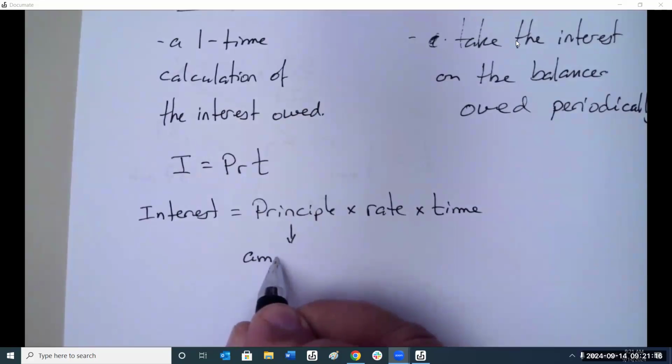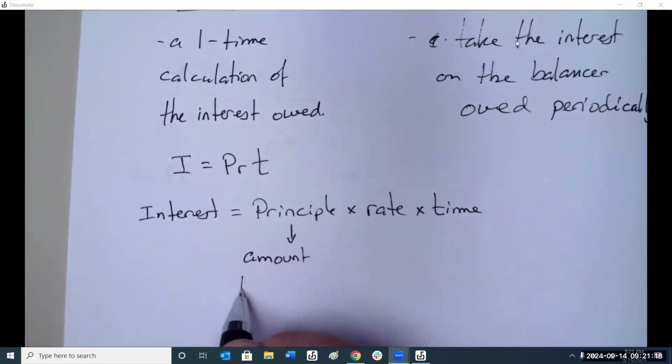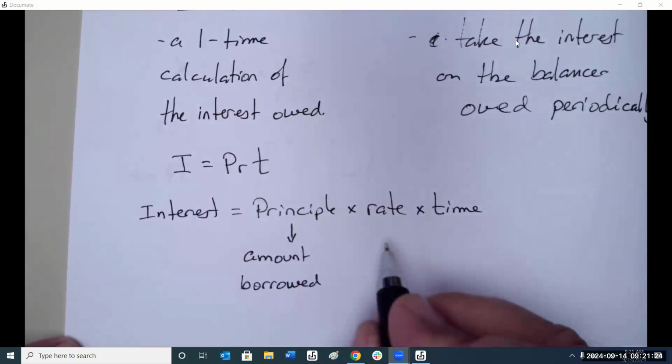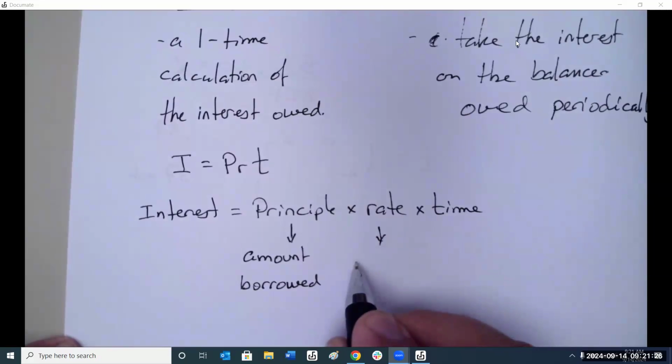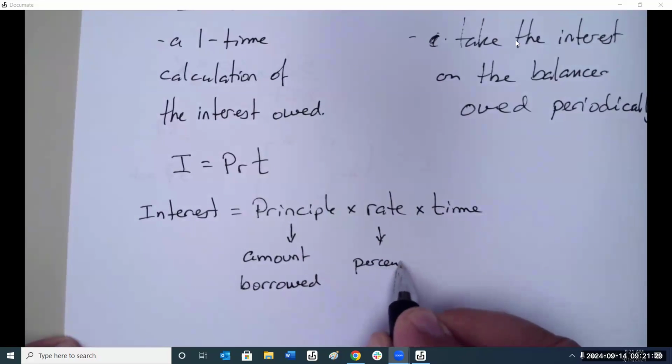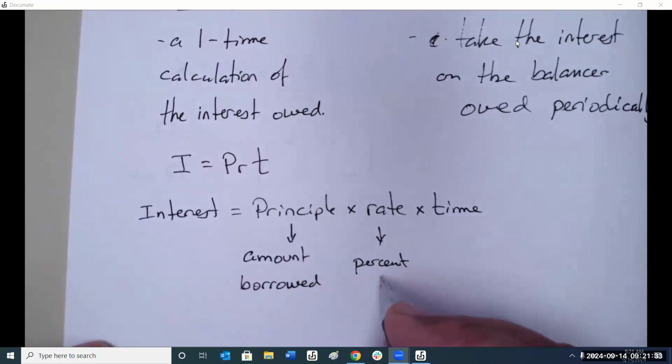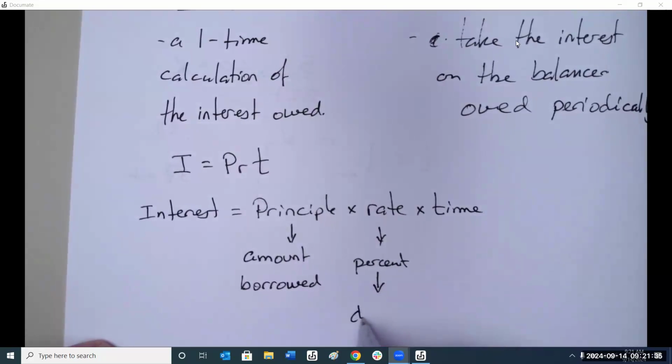Principal is the amount borrowed. The rate is some percent, converted to decimals by moving the decimal point two places to the left.